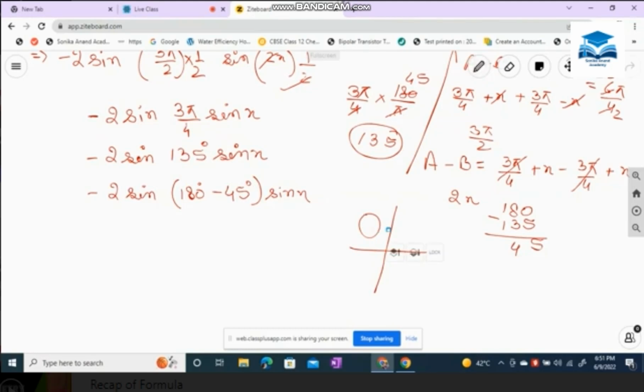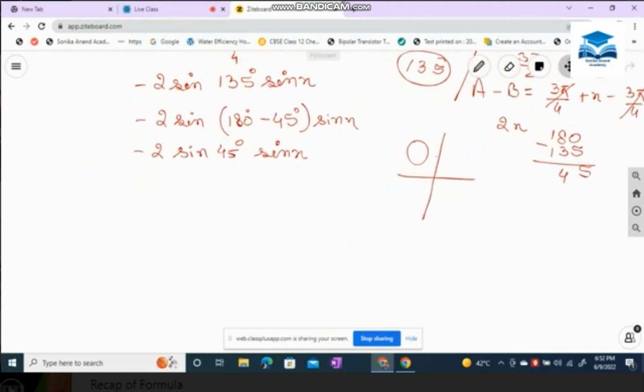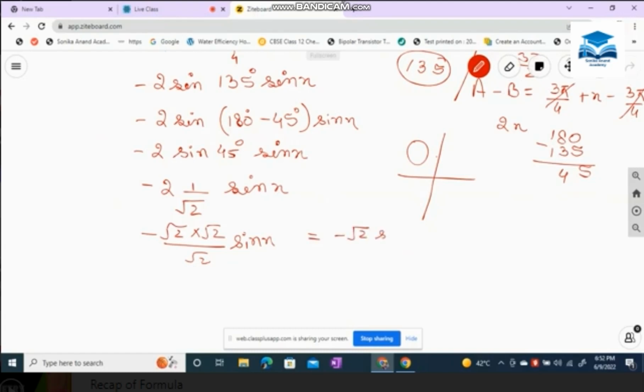So we get minus 2 sine 45 degree into sine x. Now the value of sine 45 degree is 1 upon under root 2, so minus 2 into 1 upon under root 2 into sine x. Now 2 can be written as under root 2 into under root 2, upon under root 2, sine x. So it has converted into minus under root 2 sine x. This is your proper answer. Done?